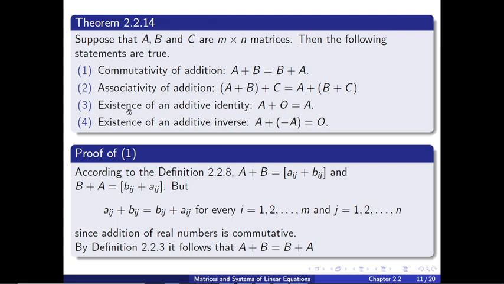answer. And then the existence of an additive identity, we defined the zero matrix in the previous video, and this turns out that A plus the zero matrix will be equal to A. And the existence of an additive inverse, so if we add A plus its minus, then you're going to get the zero matrix, or the additive identity, right?